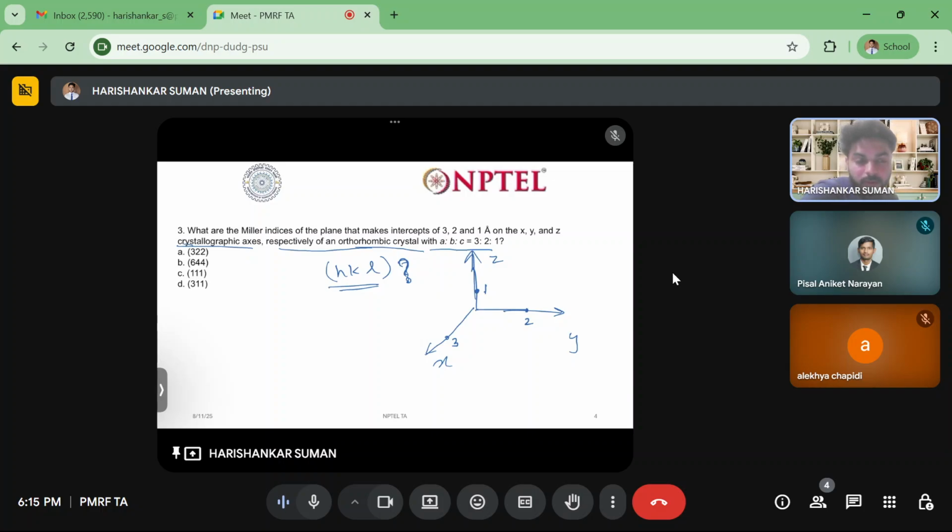Please try to solve this question. How can you find the Miller indices? One question will definitely be asked in the exam on Miller indices. So please try to solve.